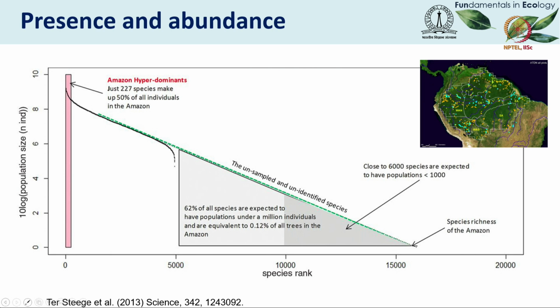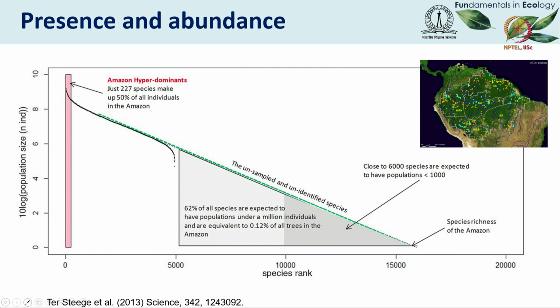So 227 out of 16,000, that is a very tiny fraction that's making up 50% of all individual trees in the Amazon. Close to 6,000 species of trees are expected to have populations across the Amazon basin of less than 1,000 individuals. So you've got 227 extremely common species and you've got 6,000 extremely rare species.